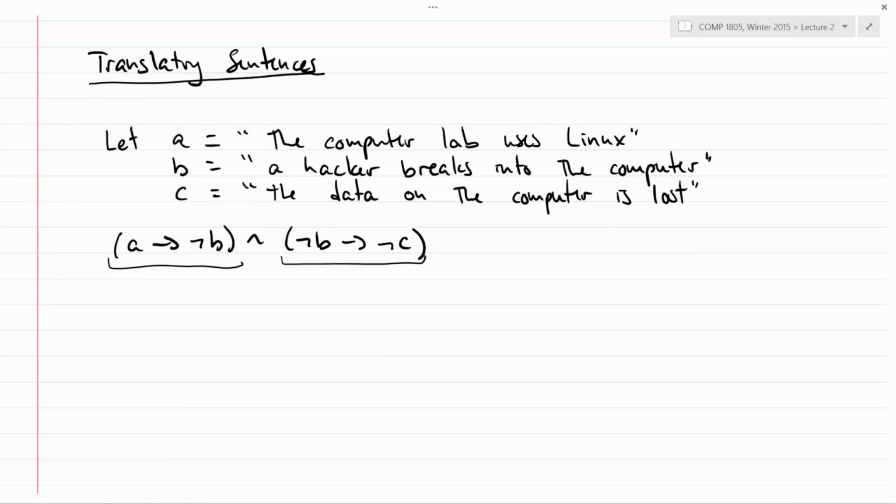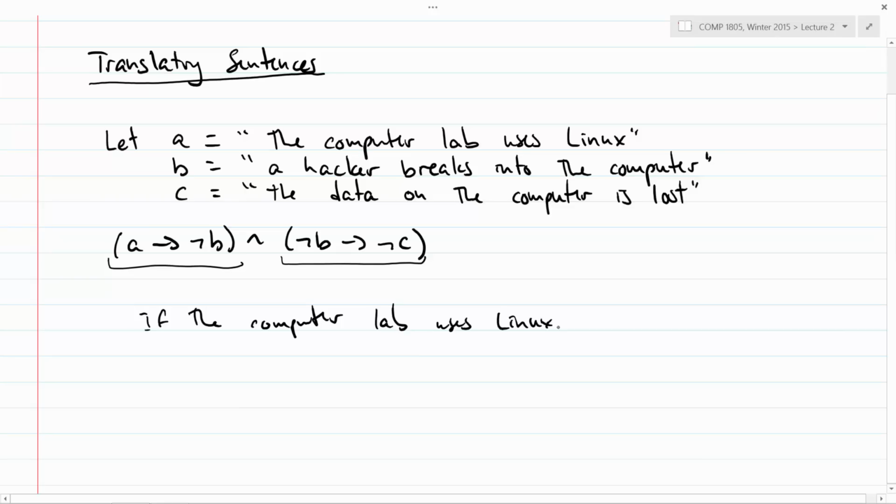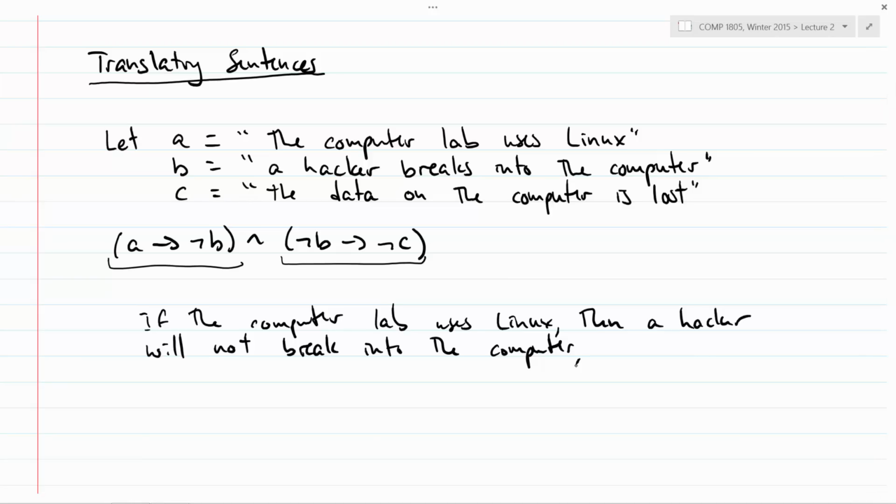Sometimes when you're translating these things, it helps to break them down into these parts. So this sentence would be, if the computer lab uses Linux, then a hacker will not break into it. And if a hacker does not break into the computer, then the data on the computer won't be lost.